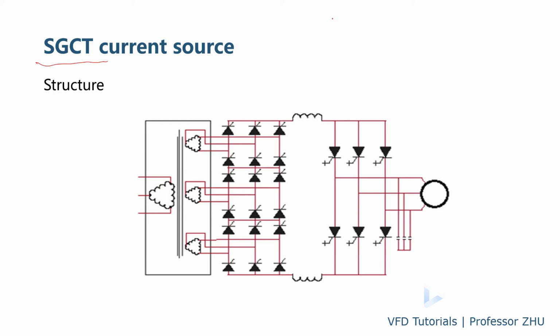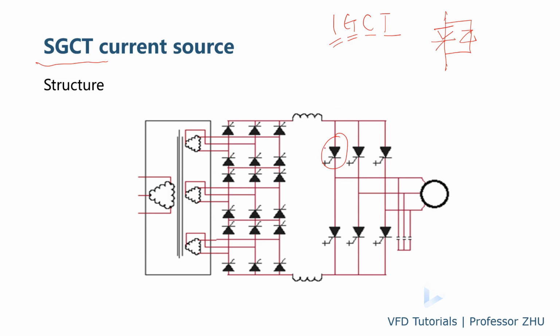For SGCT, first we know IGCT is a kind of power electronics device, integrated gate commutated thyristor. So IGCT is like this, with an inverse parallel diode. This is normally used in the VSI drive, but the SGCT is like this. It doesn't have the reverse diode.